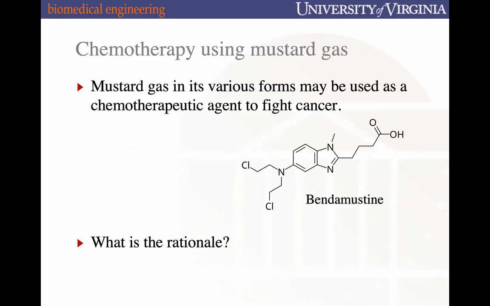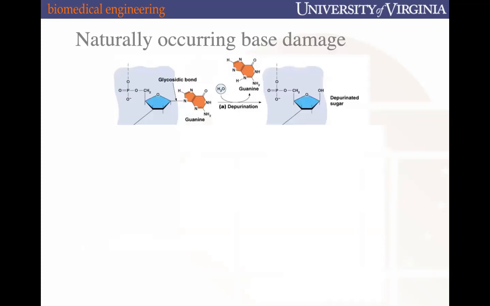And so historically, there have been some chemotherapy agents, one called Bendamustine, that is, as the name implies, similar to mustard gas, based on the ability here of these chloride agents to cross-link the guanines, similar to how mustard gas does.